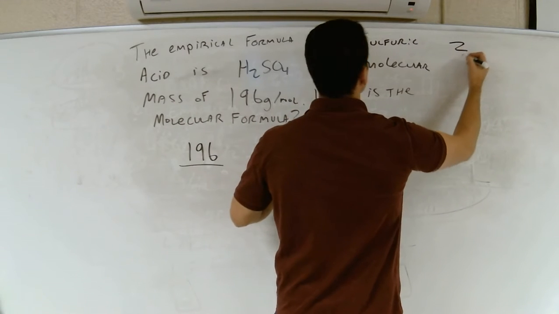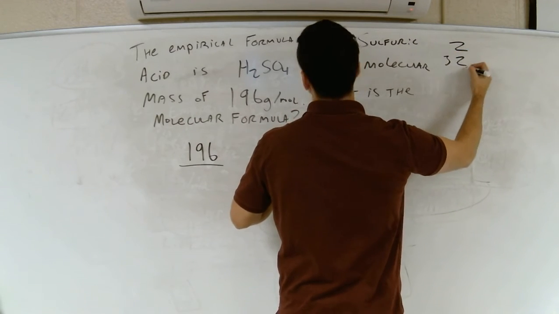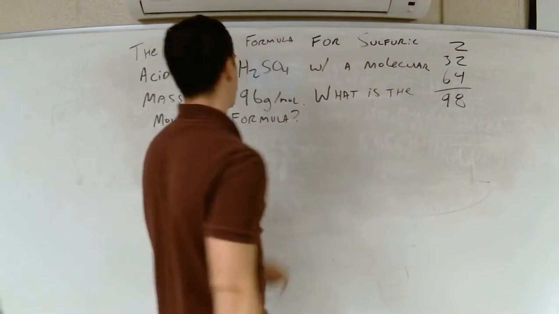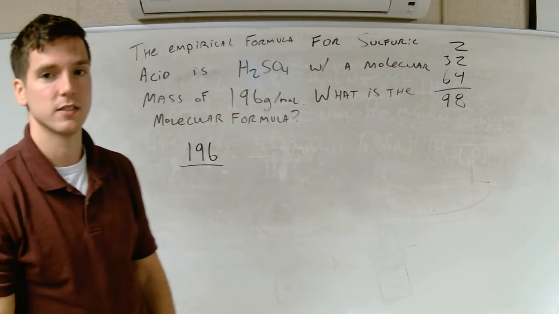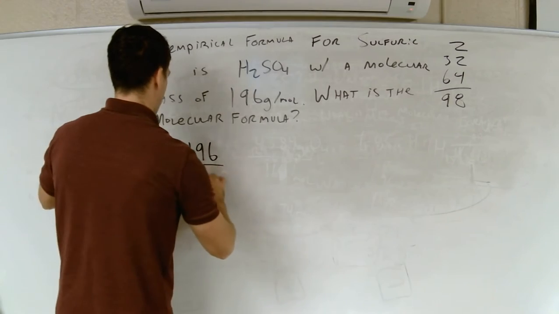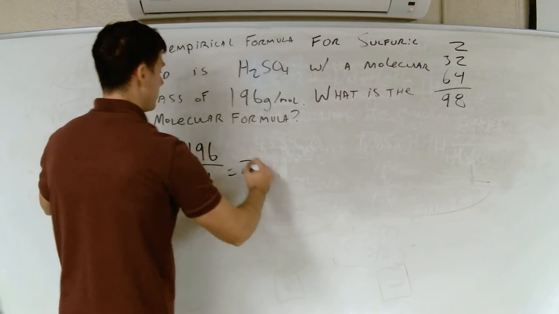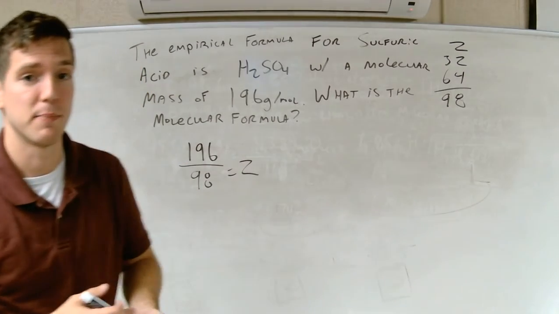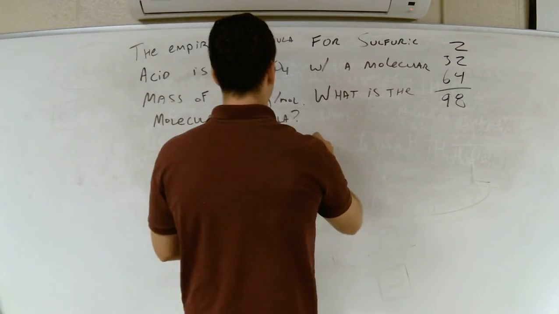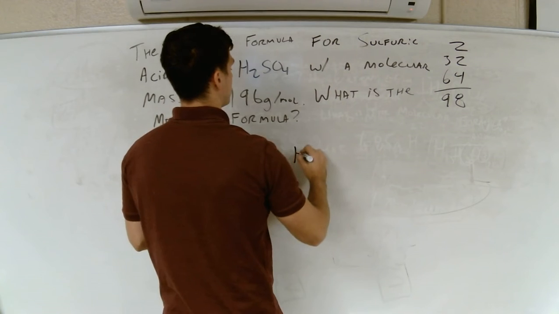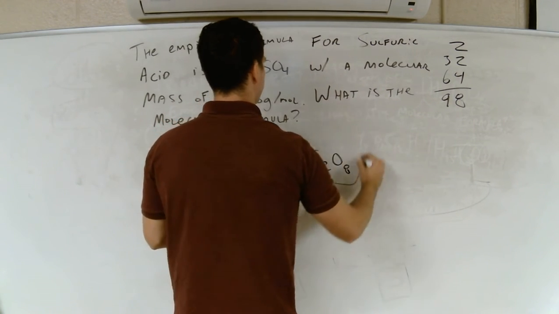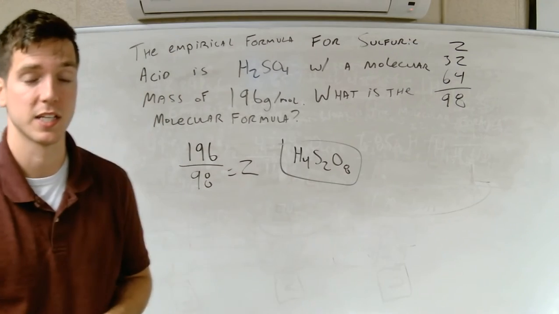Hydrogen is 2, sulfur is 32, oxygen is 64 for a total of 98. So 196 divided by 98 is 2, and that's how many I multiply into my empirical formula. So H2SO4 times 2 will be H4S2O8. So that is my molecular formula.